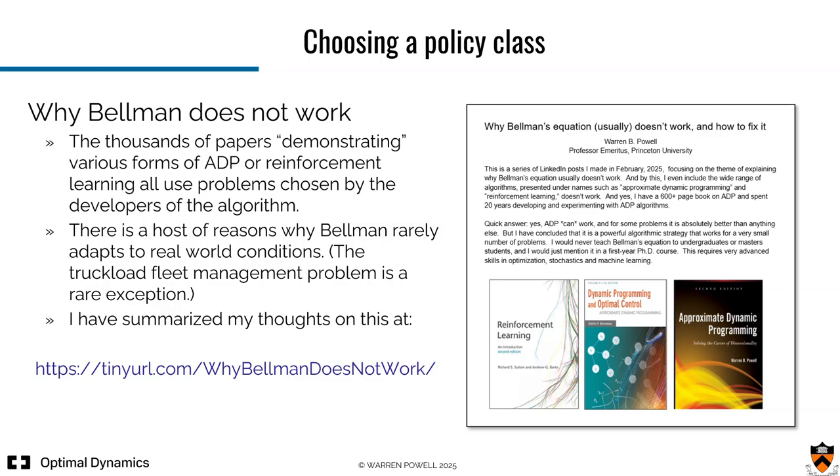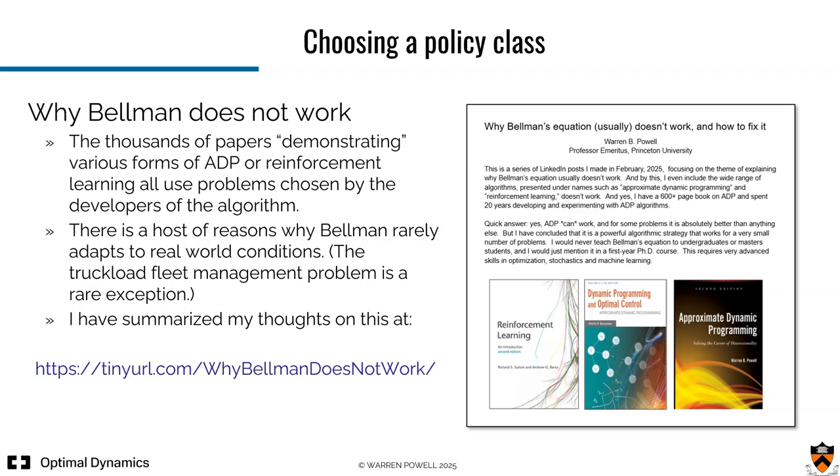Now, this is the approach. Originally, reinforcement learning was entirely focused on approximating Bellman's equation. And most people, when they say they're using reinforcement learning, are talking about Bellman's approximation. But if you go from the first edition of Sutton and Barto's well-known classic on reinforcement learning, which only looks at approximating Bellman's equation, to their second edition, you can find examples from all 4 classes of policies.